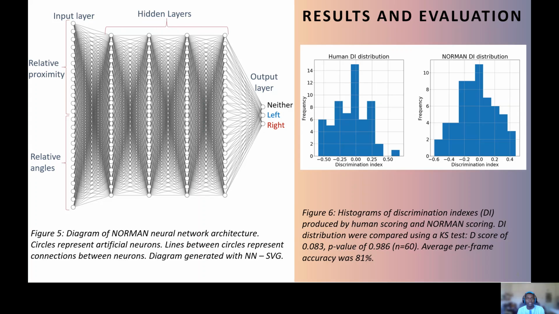So if you used Norman or a trained human, you have the same result of your experiment in the end. It also had a per frame accuracy of 81%, and that accuracy is per frame, so that's 0.05 seconds. So it's highly accurate, and per video, the accuracy really depends on the DeepLabCut tracking.